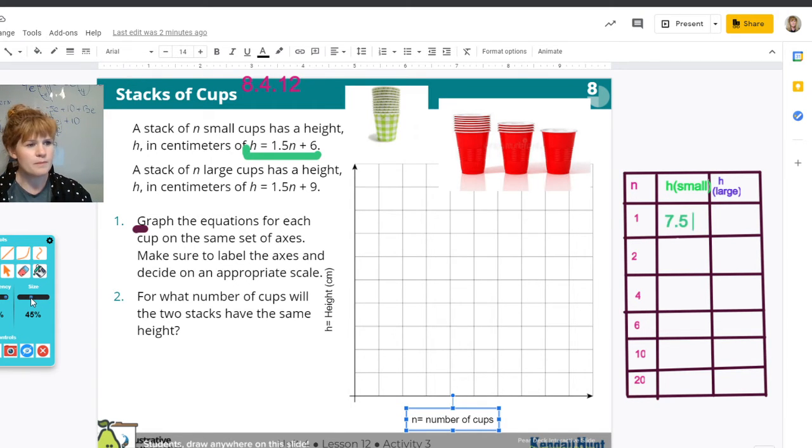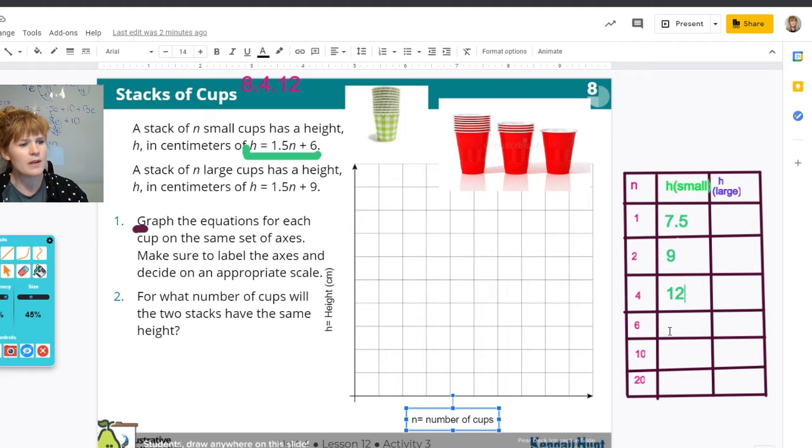Now let's keep going. If you have 2 cups, then n equals 2. So 1.5 times 2 is 3. 3 plus 6 is 9. If you have 4 cups, then 1.5 times 4 equals 6, and then plus 6 equals 12.